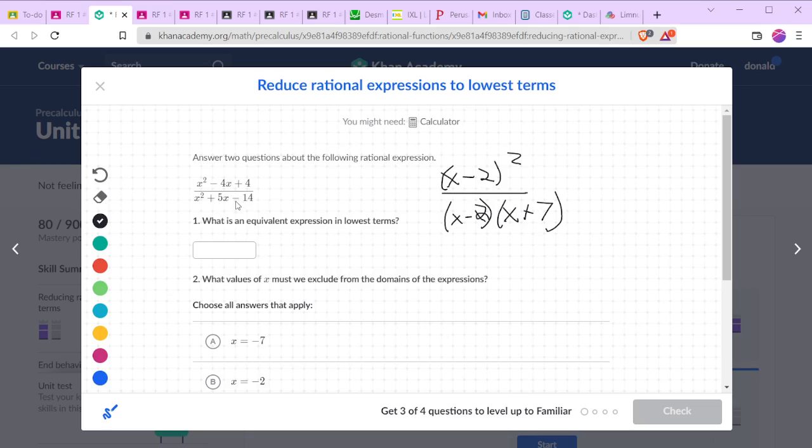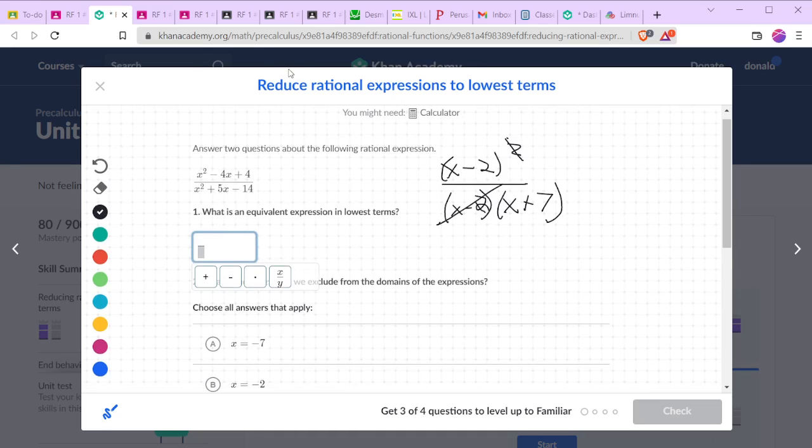That minus sign between the 5x and the 14 tells us we have two different signs in our brackets. The plus sign on the 5 tells us the plus or the addition has to go on the larger number. So we can cancel one of the x minus 2's. That leaves us with x minus 2 over x plus 7.